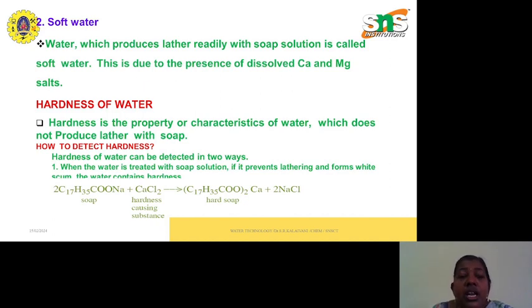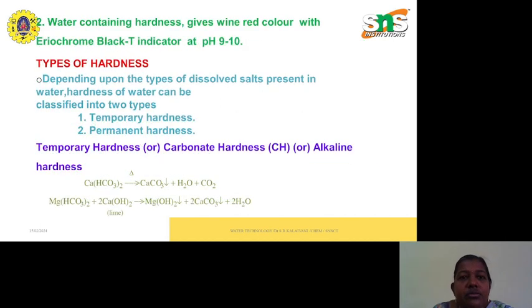For example, if the water contains dissolved calcium and magnesium salts, it does not produce lather with soap. Already this was shown in the previous slide. The second method of detection of hardness: water containing hardness gives a wine red color with eriochrome black T indicator at pH range 9 to 10.